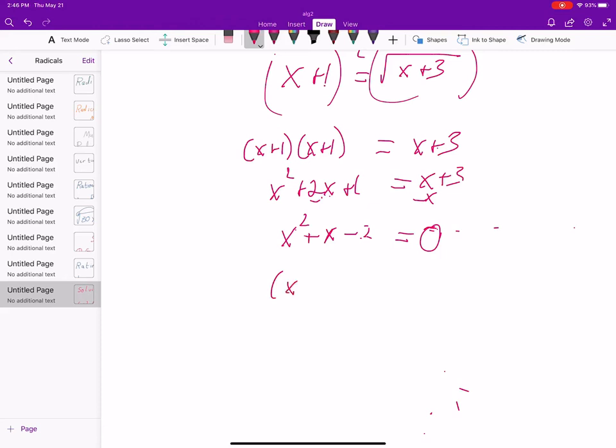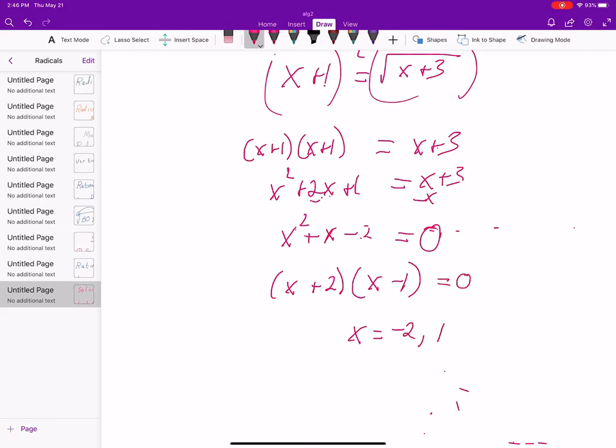So we're going to have x plus 2 times x minus 1. That actually does factor, because negative 2 times 1 is negative 2, and positive 2 minus 1 is a positive 1. So it does factor. So that means we're going to get x equals negative 2 or 1 as your answers.